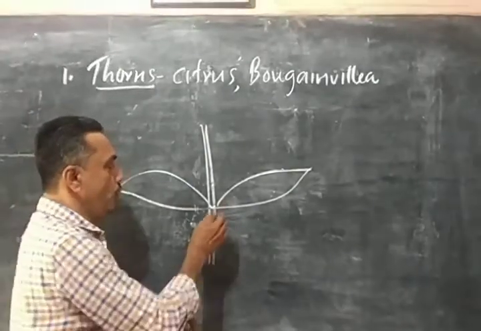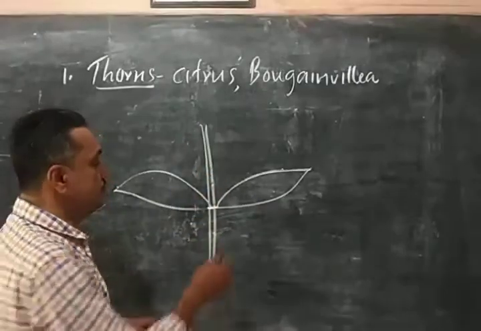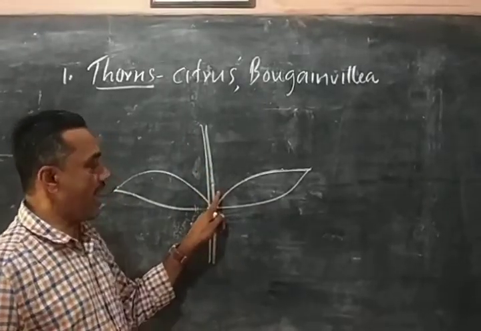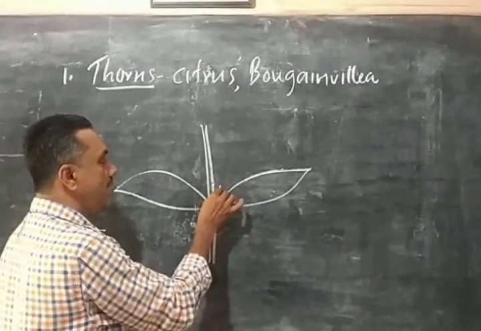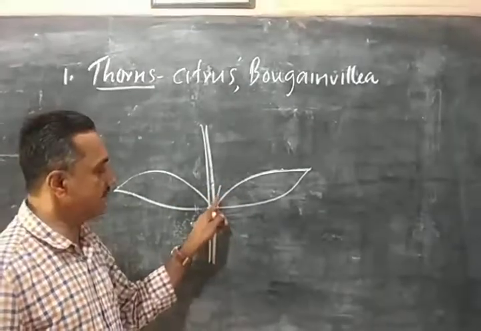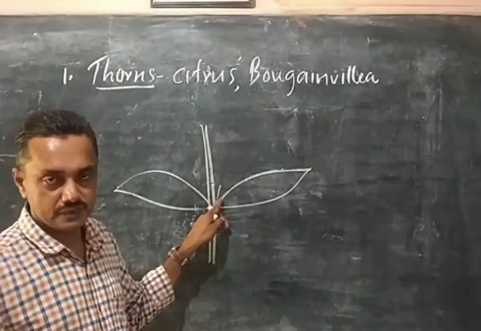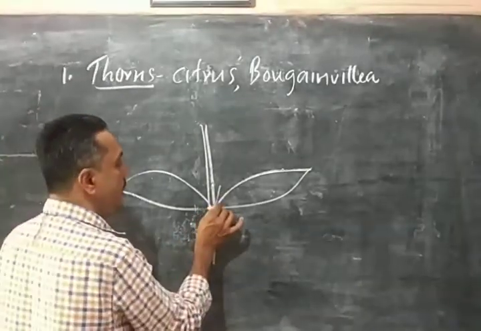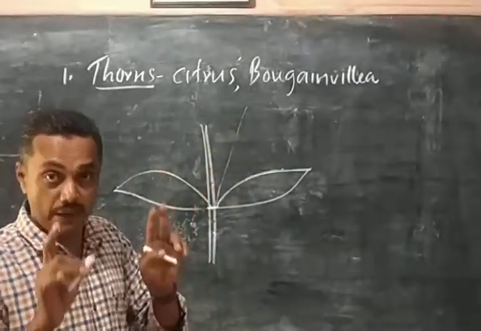This is the node. From the node, leaves originate. This is the stem, this point is called node, and this is called axil. In the axil, there is a bud called axillary bud. This axillary bud normally grows into branches.